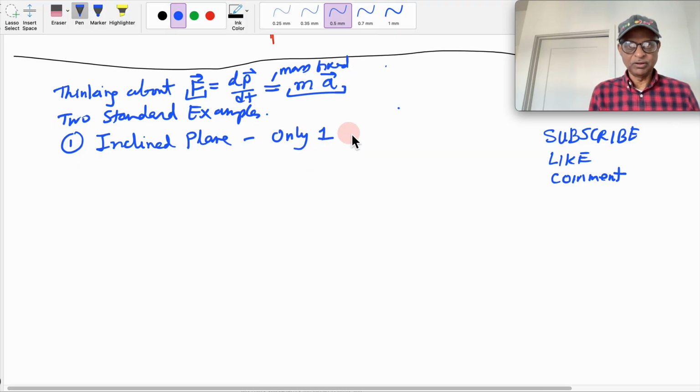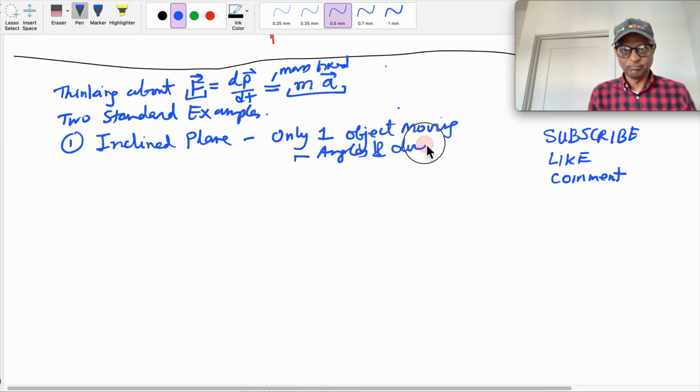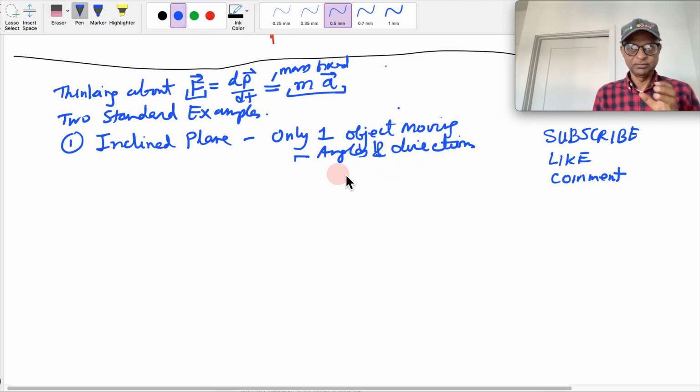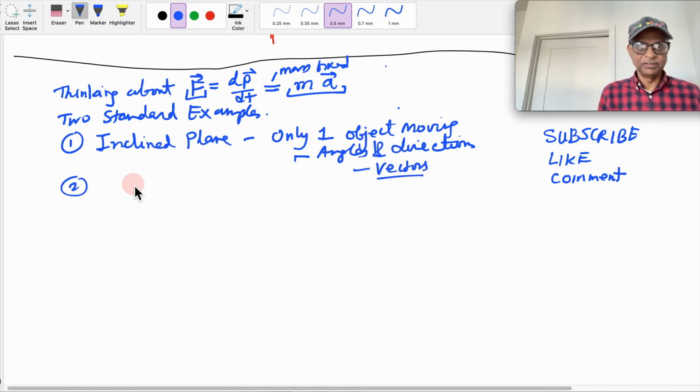It's a problem about how to think about angles and directions. It's a laboratory, a test of whether you can, in a simple setting, deal with vectors.